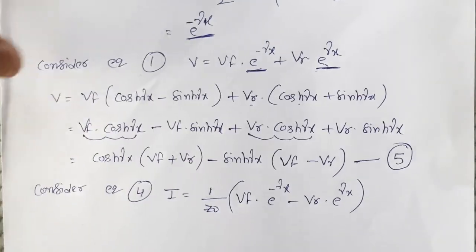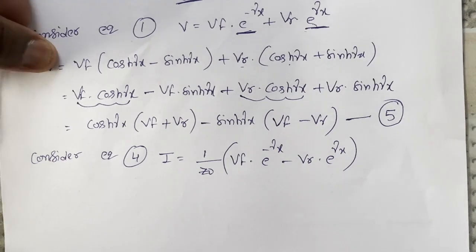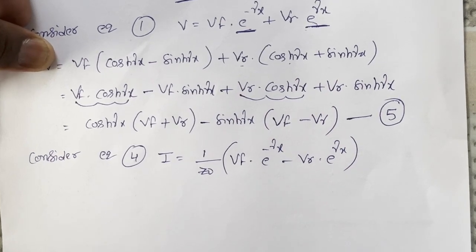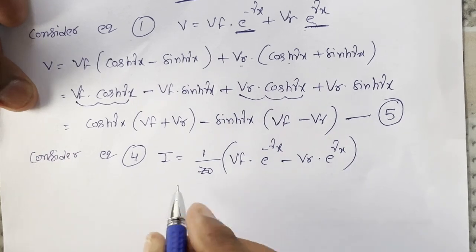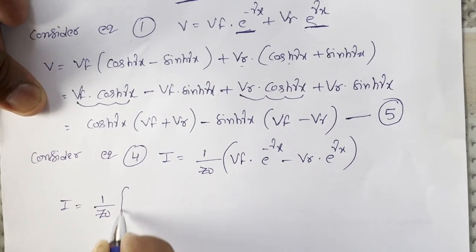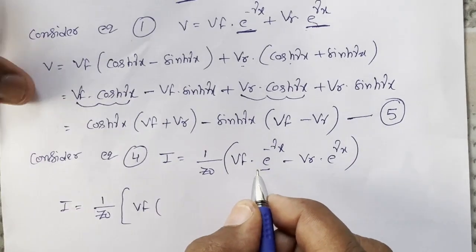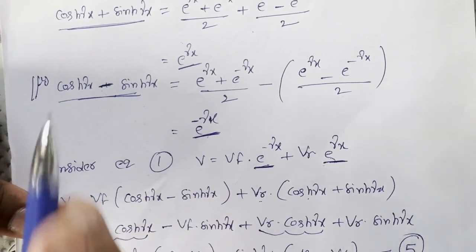That is equation 4. In equation 4 also I am repeating the same process. Now from equation 4, I equal to 1 by Z0 into Vf into e power minus gamma x. This is the value.